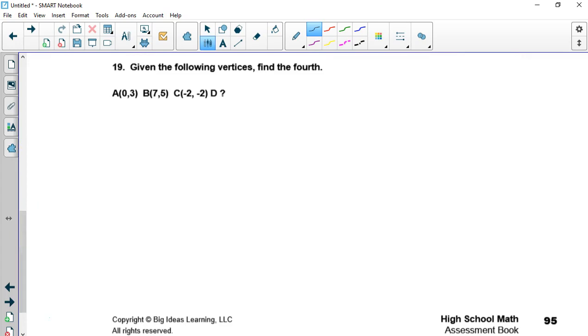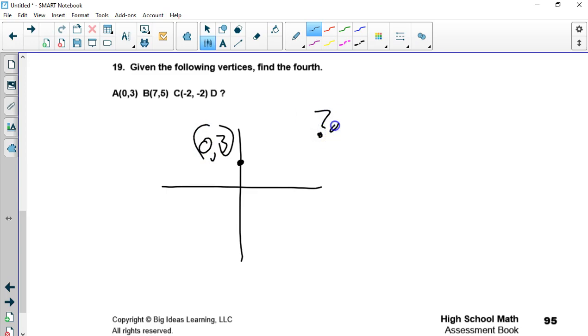Okay, last problem. You can roughly sketch this. If you have graph paper, even better, but A is at 0, 3. So I'm just going to put it like there. I'm just roughly estimating this. 7, 5. Again, just roughly estimating. -2, -2.